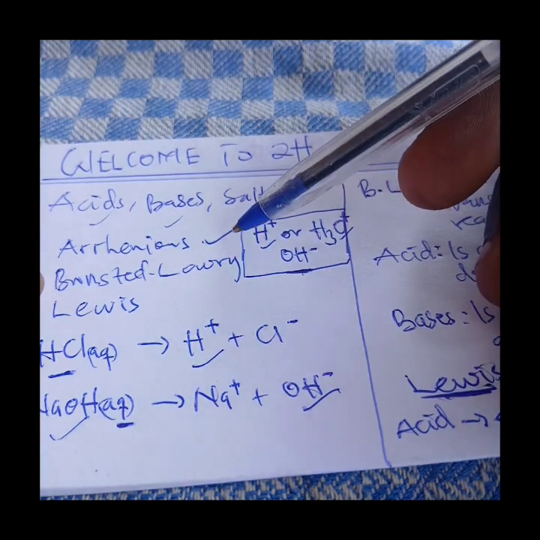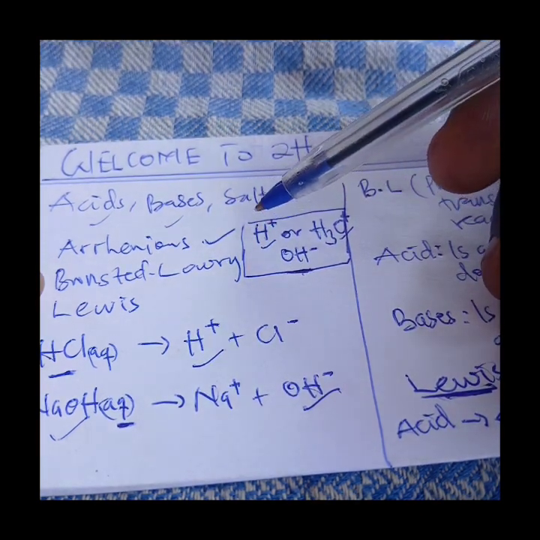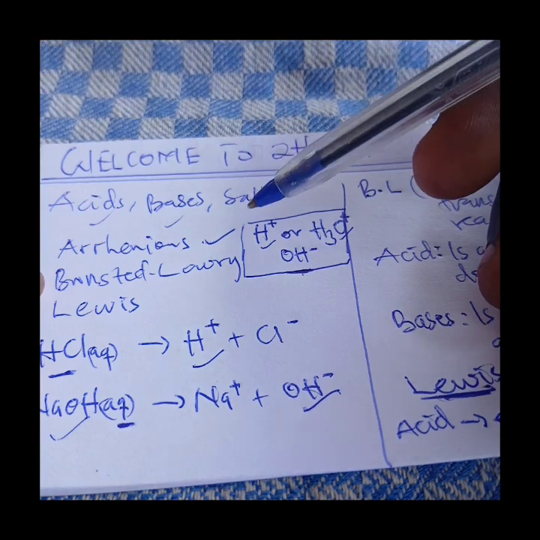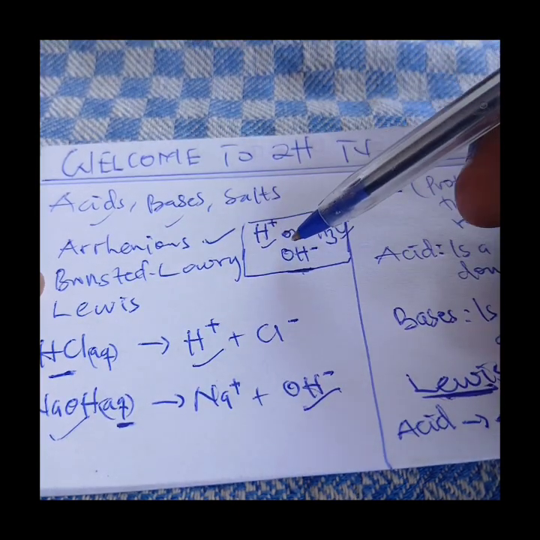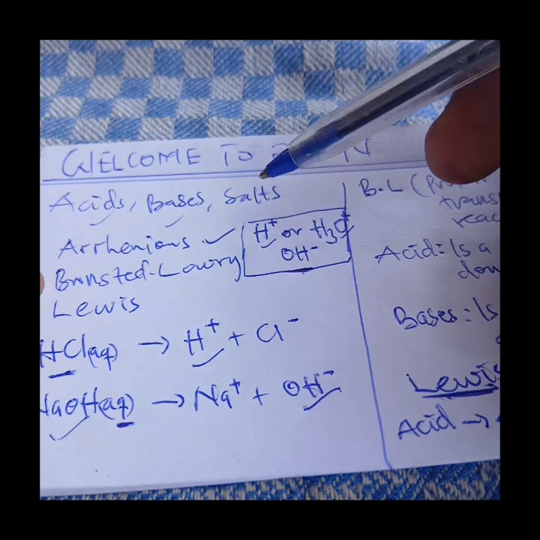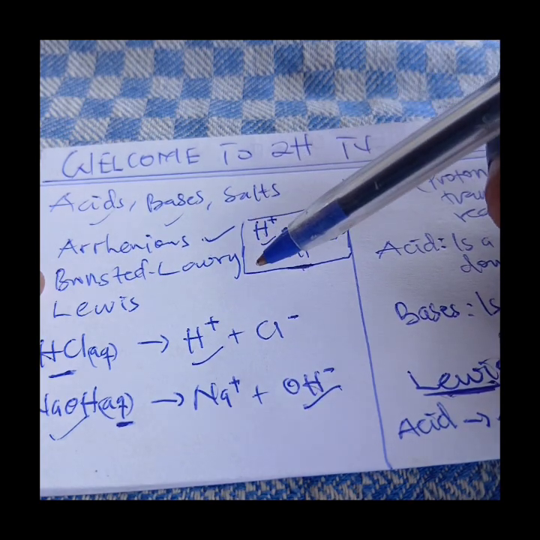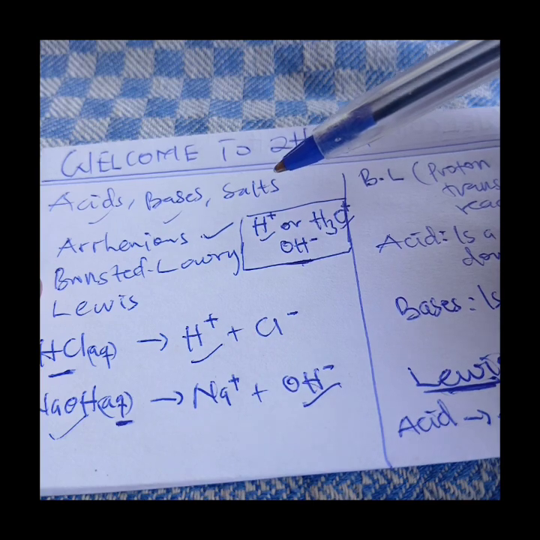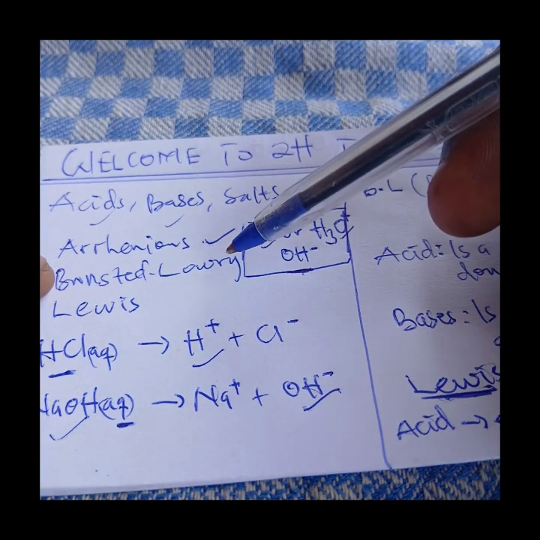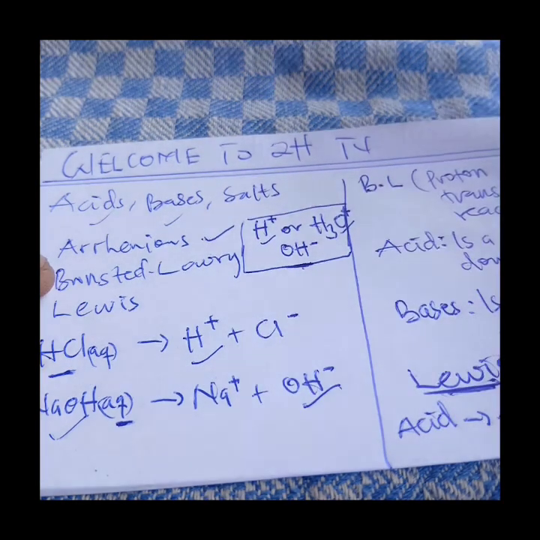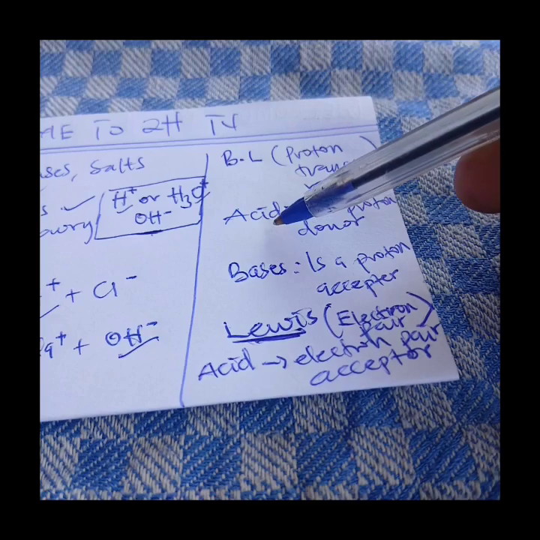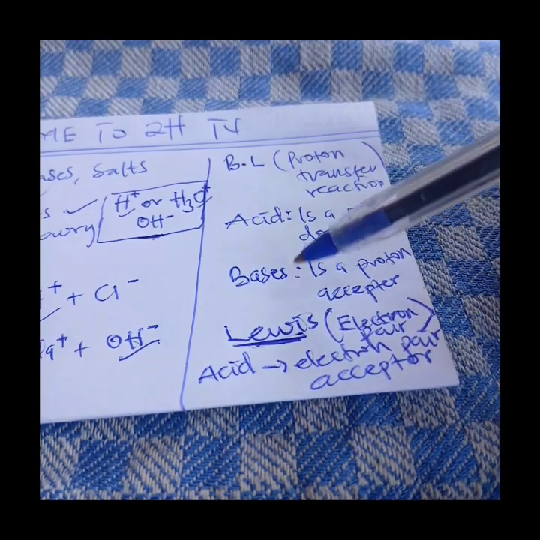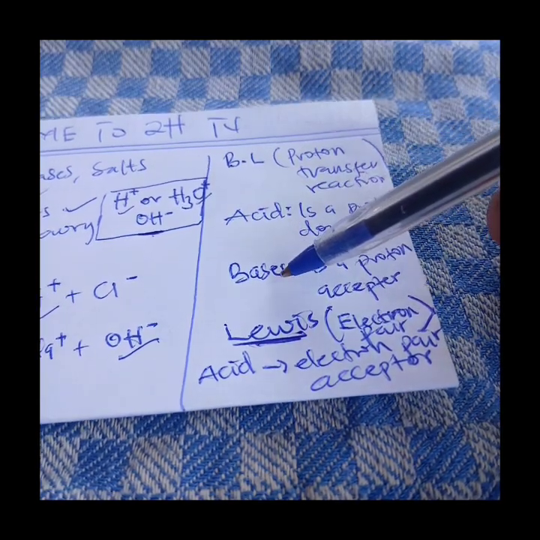Then Bronsted and Lowry realized that there are some substances that exhibit acidic and basic characteristics but do not produce hydrogen ion or hydronium ion in water. So they based their definition on whether or not a substance is able to donate a proton or accept a proton. So if a substance is able to donate a proton, then it is termed Bronsted-Lowry acid.